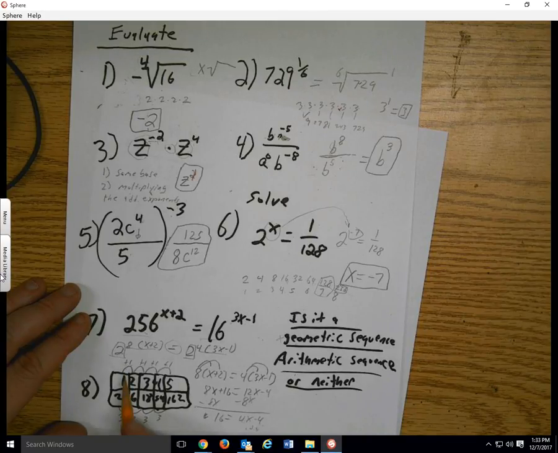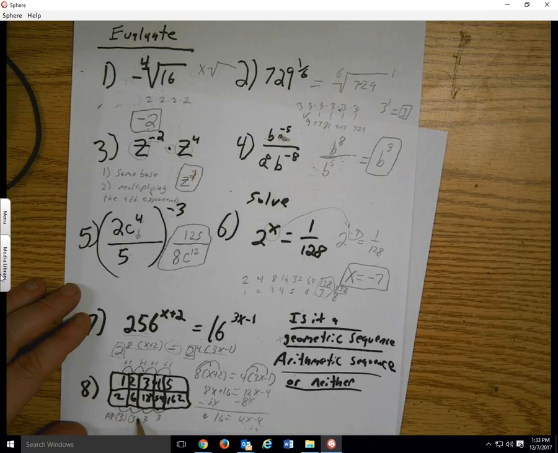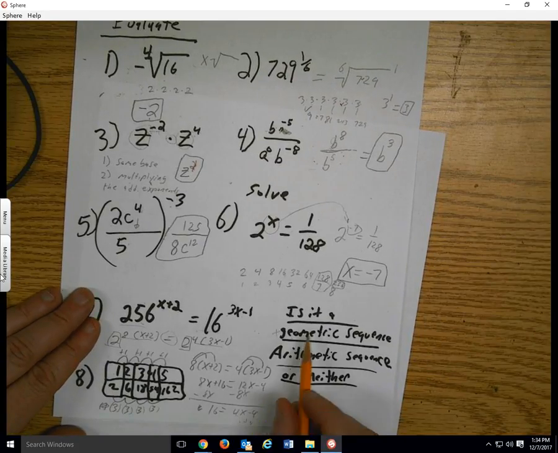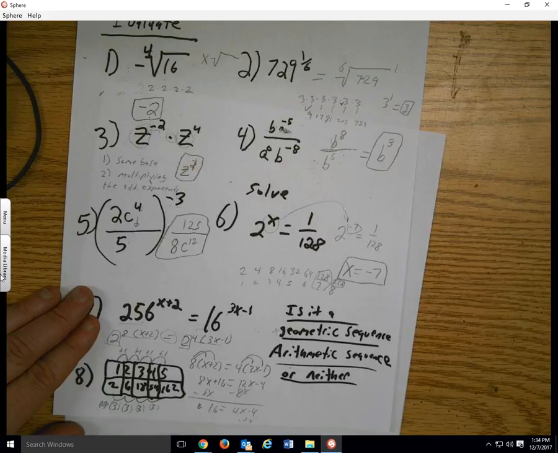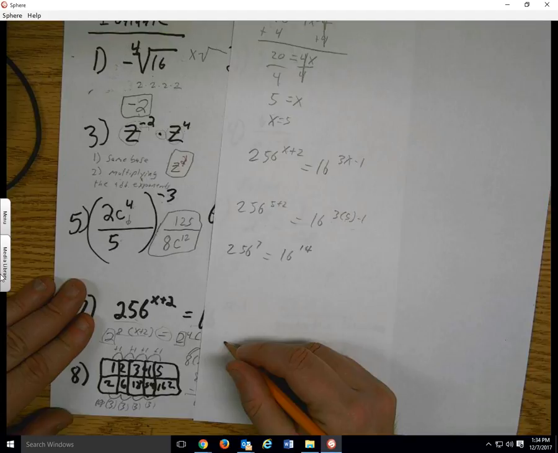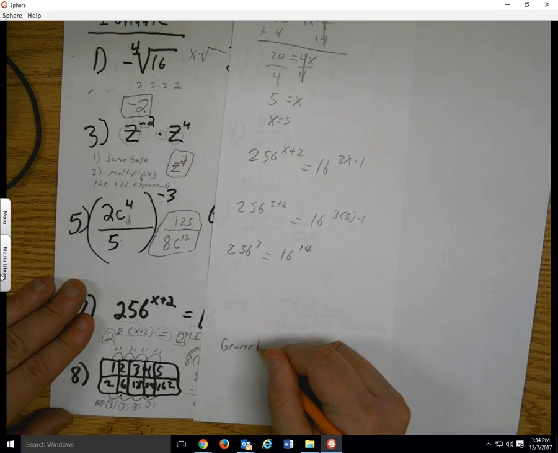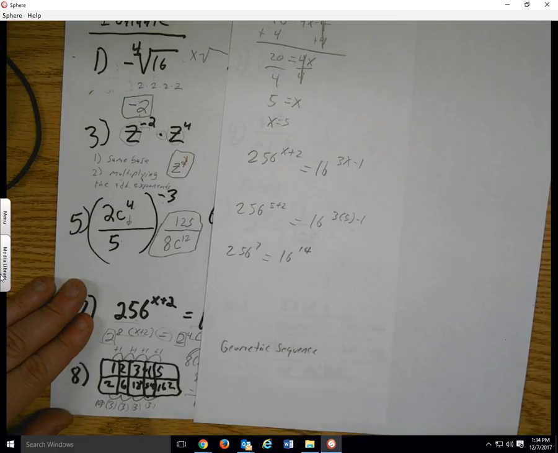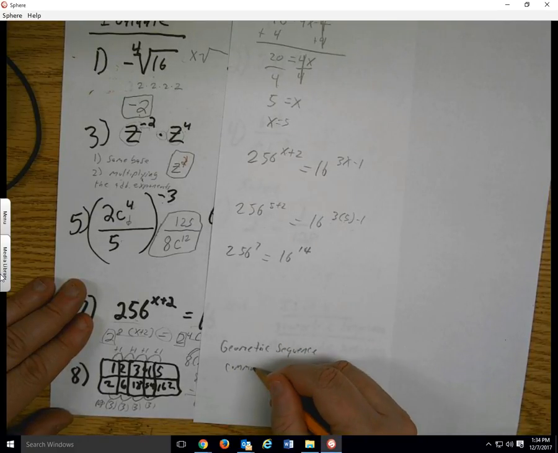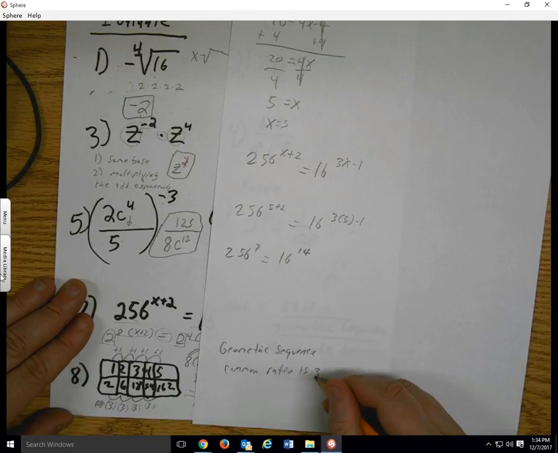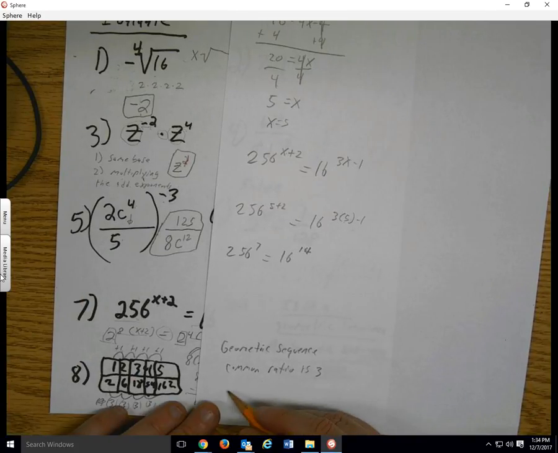So since you're adding by the same number on top and multiplying by the same number on the bottom, it is a geometric sequence. So the answer to number 8 is, it's a geometric sequence, and the common ratio is 3.